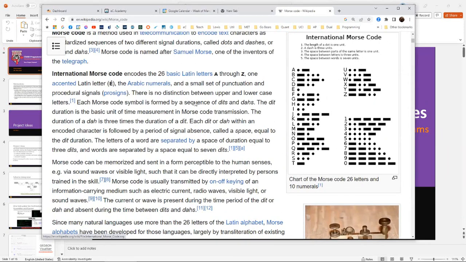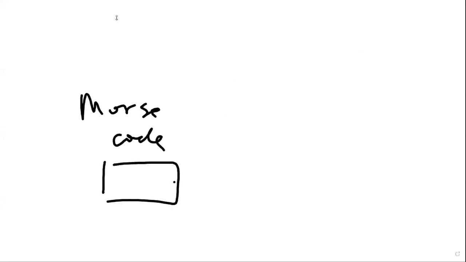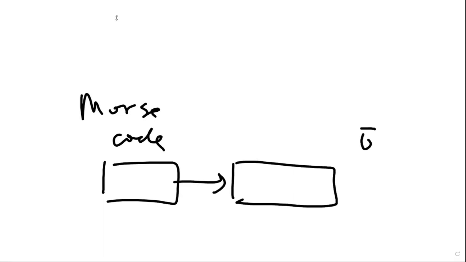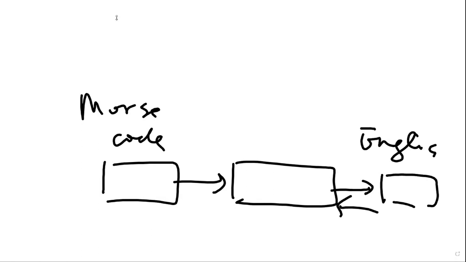His project was to do translation from Morse code to English, and also backward, English to Morse code. And he had a device to do automation. This is typically a good project. Is that okay?